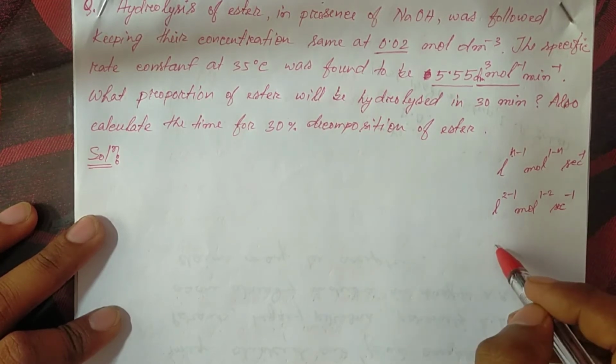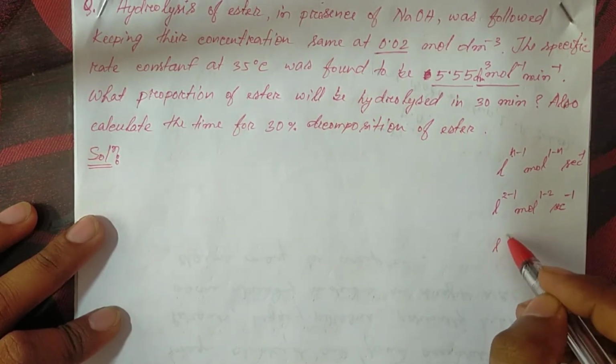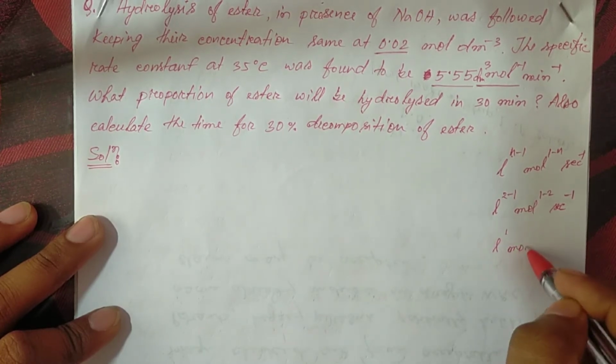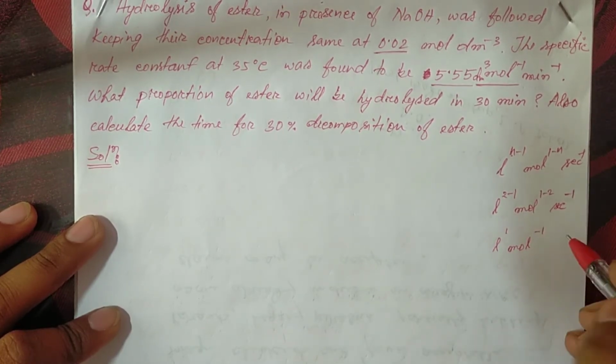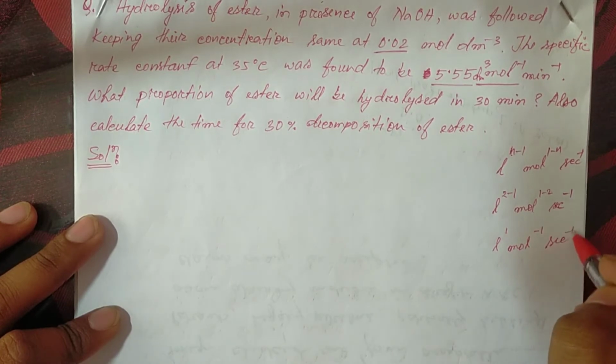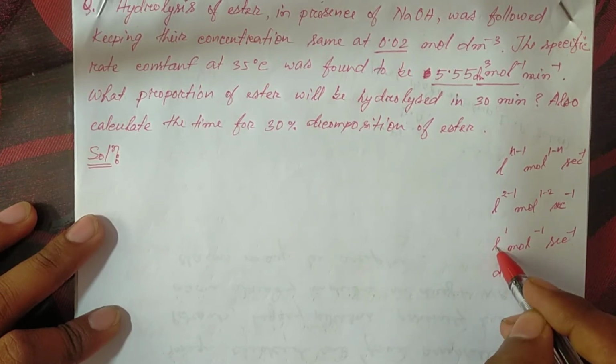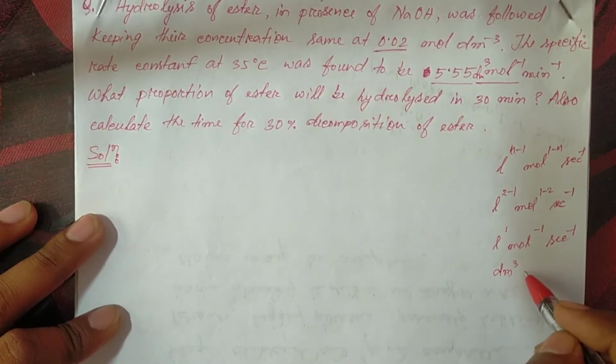Okay, then here it will be L to the power 1 mole inverse second inverse. So you can write liter as dm cube. Okay, 1 liter is equal to 1 dm cube.